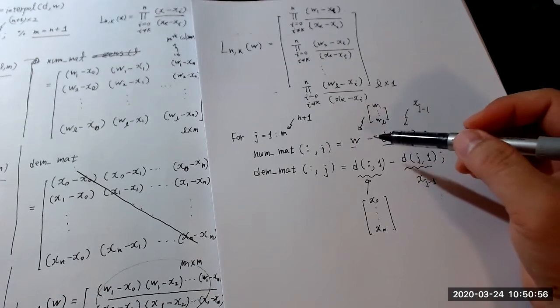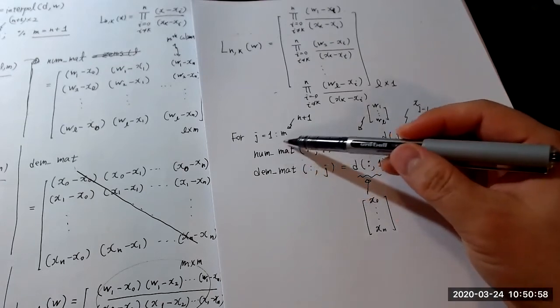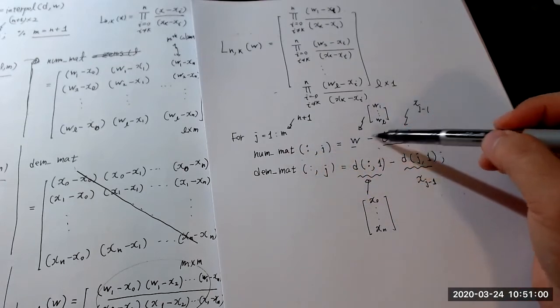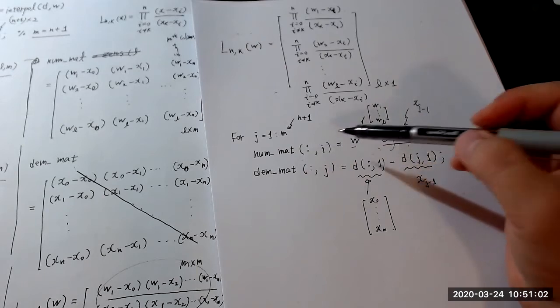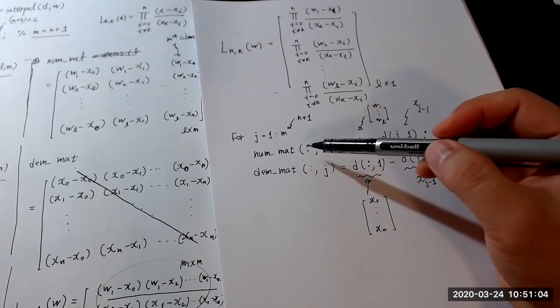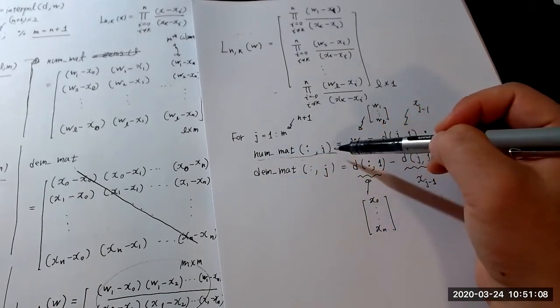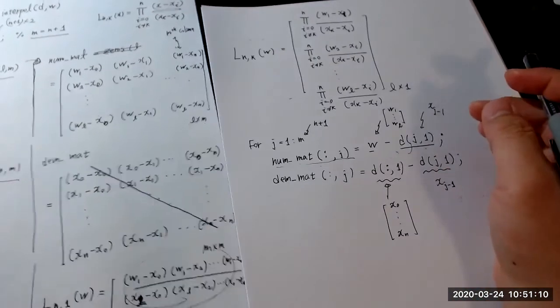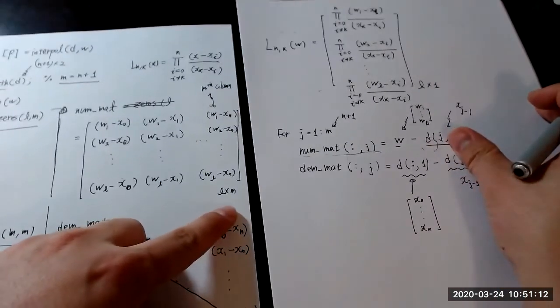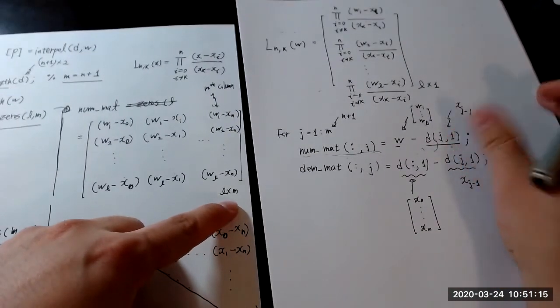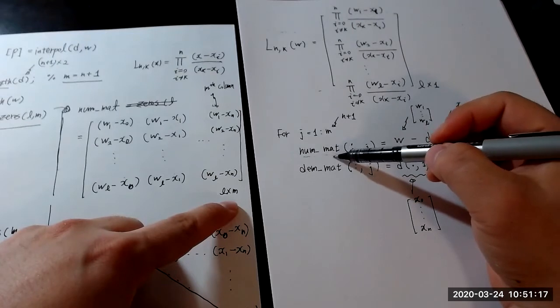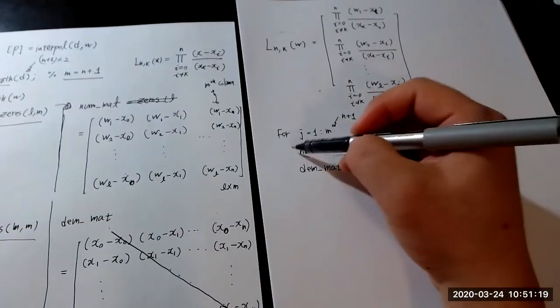What is the size of that data structure? Since NUMAT is an L by M matrix, this is going to be an L by 1 column vector.